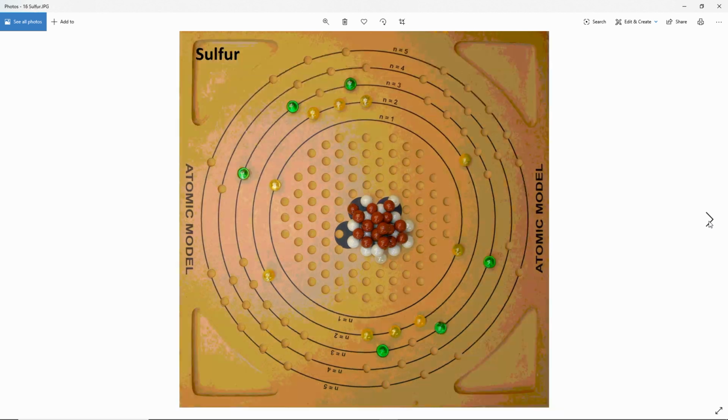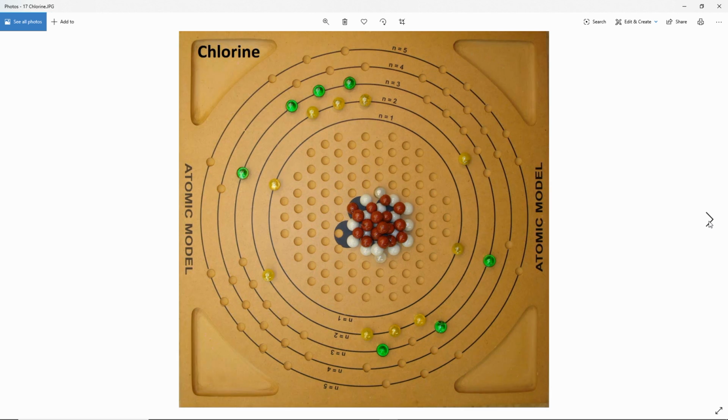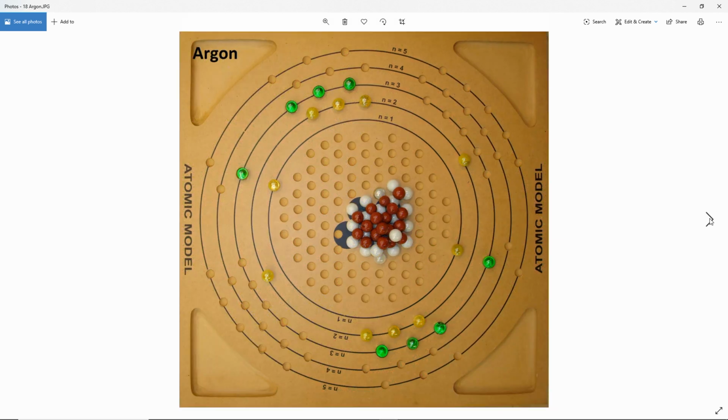Phosphorus 5, 6 is sulfur. Chlorine has 7, and next one, argon, has 8. The last energy shell, which is number 3, cannot hold more than 8.